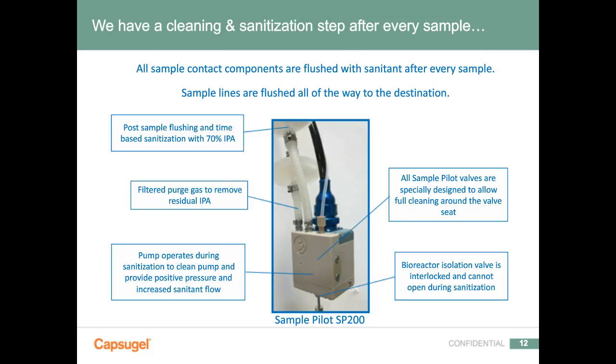Lastly, on this, we clean and sanitize after every sample. This is to reduce the clogging issue. So all sample contact components are flushed with sanitin after every sample, and then the samples and the sample lines are flushed all the way out to the destination. So we operate the pump during this process.